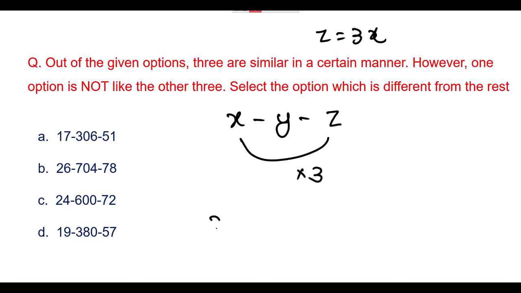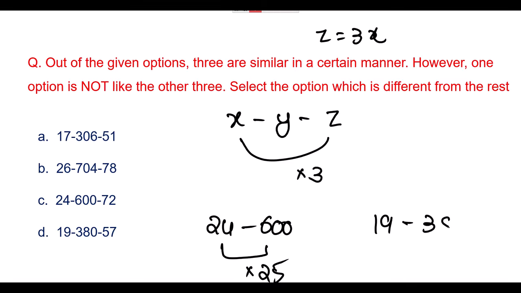What's the relation between 24 and 600? Next number multiple. 19 and the next number, 20. It's satisfied. So the problem is with 26. The next number is 27, 6 times 7 is 42, ending with 2. Units place 2 is required, not satisfied.